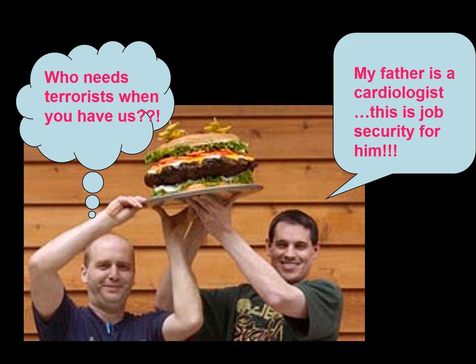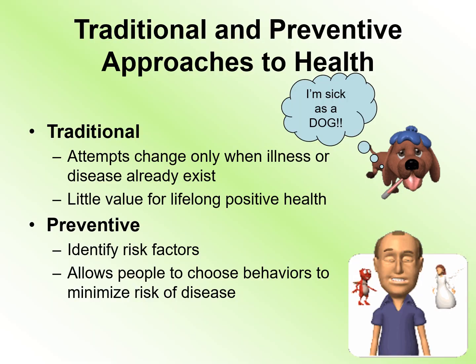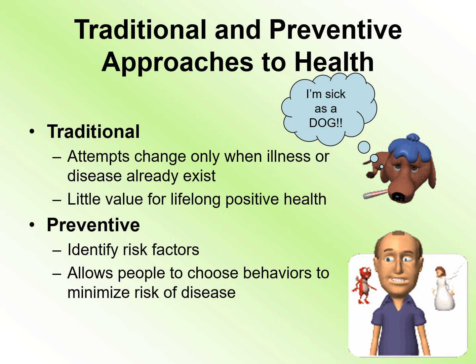But yeah, so we don't have to worry about other things. We need to worry about who's trying to destroy our health in this country. So, shifting gears here, we want to again prevent diseases. That hamburger doesn't help, but there are traditional ways and preventative ways.